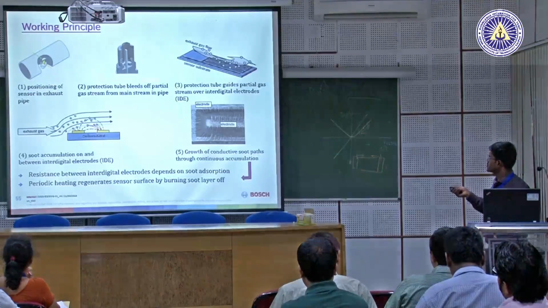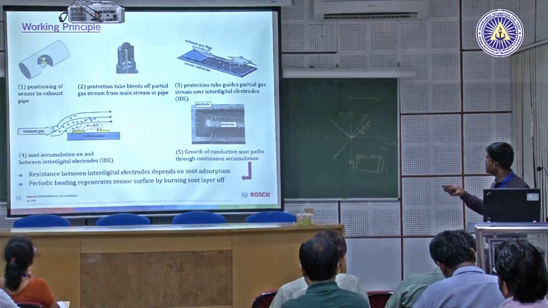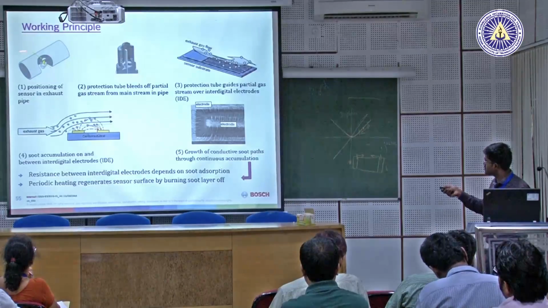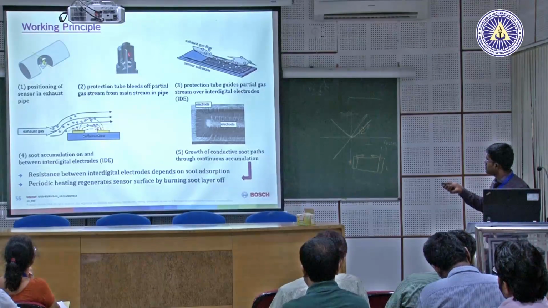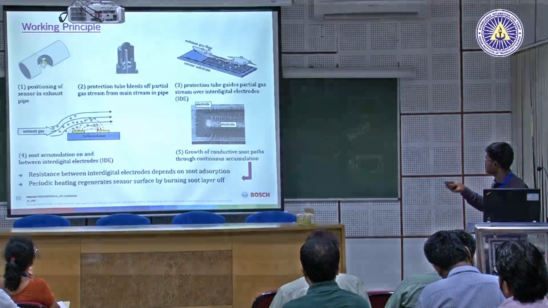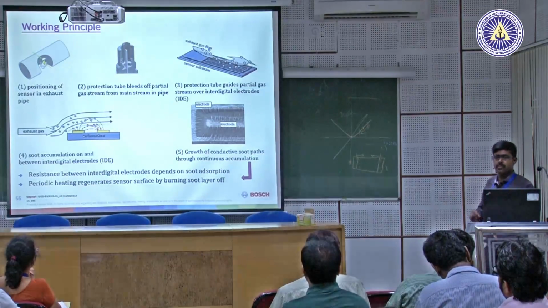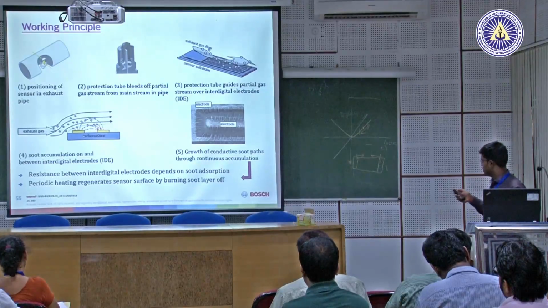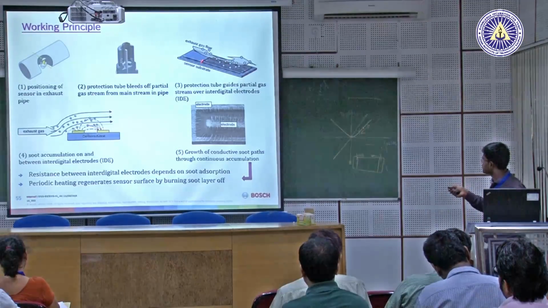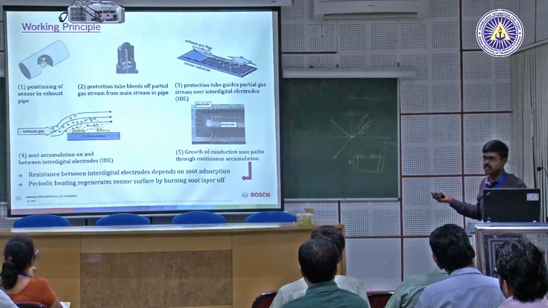It is placed in the exhaust gas, and the soot particles come and sit on the sensing element, and a conductive path is created. So based on the resistance between these electrodes, the amount of soot is given to the ECU.